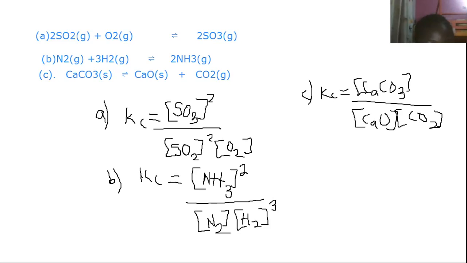Now, Gibbs free energy cannot be measured directly, but change in free energy can be measured. Change in free energy determines the spontaneity of a given reaction.